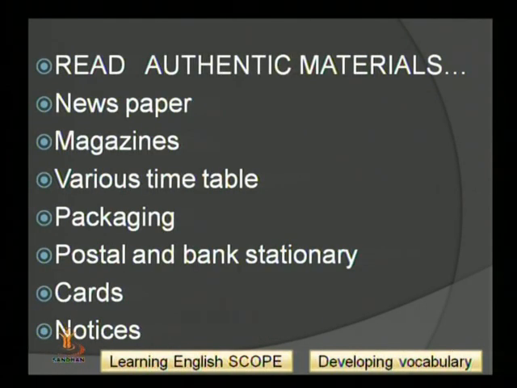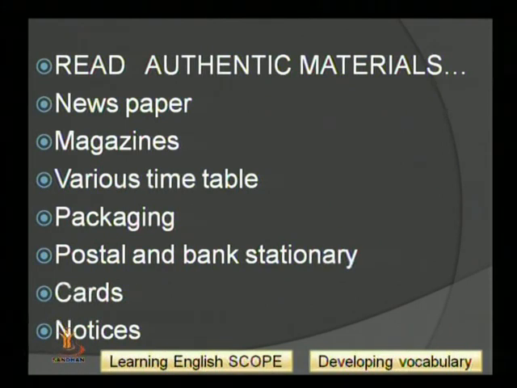Now we are supposed to read. That is what we have spoken of earlier. Read authentic materials. We should try to read authentic materials. Newspapers are authentic material which can be used for developing new vocabulary items.